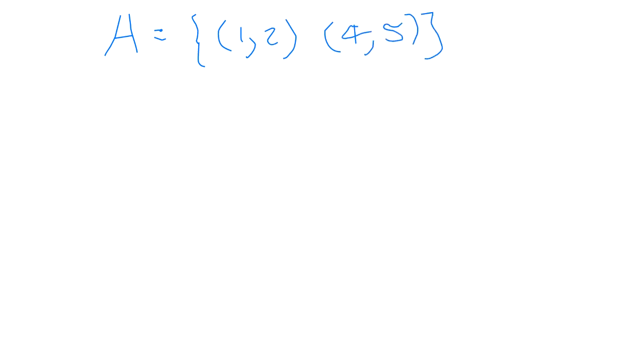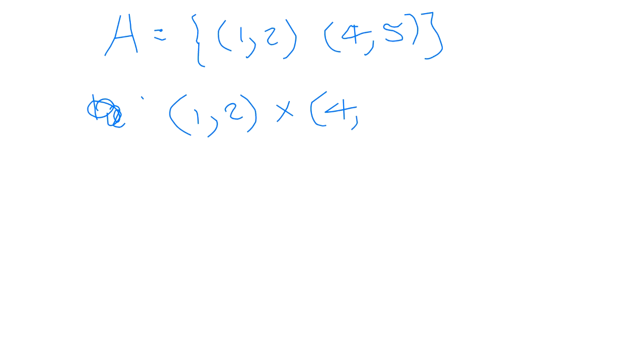Use two different numbers. In A, we have these two sets, say 1, 2, and 4, 5. So if you were to use those two, 1, 2 by 4, 5.